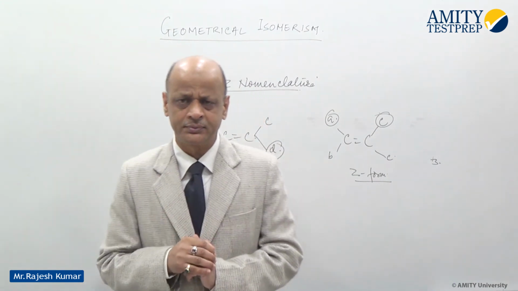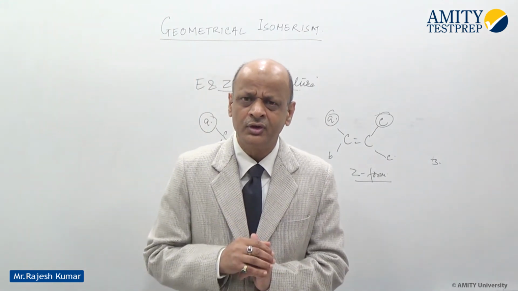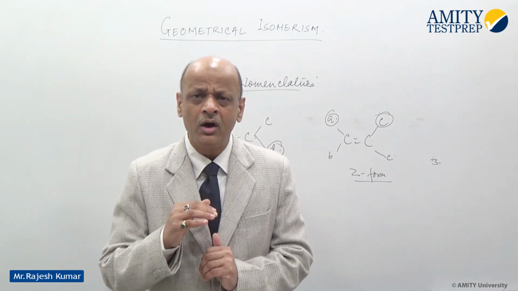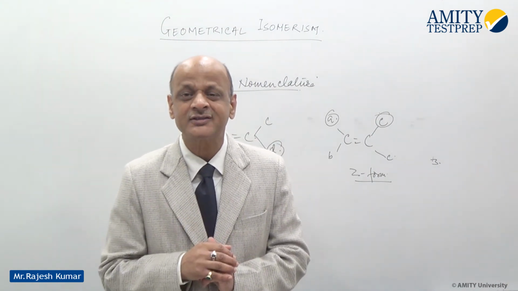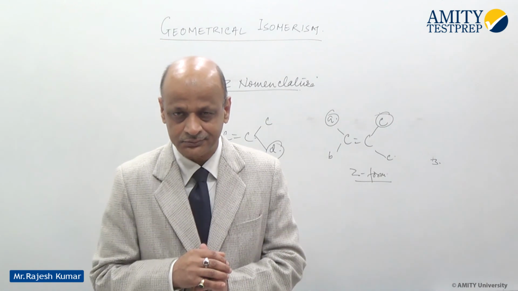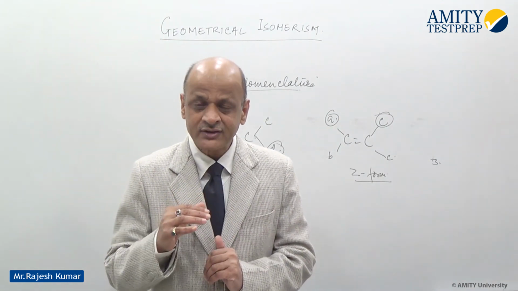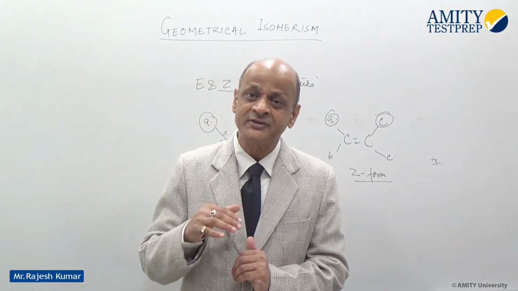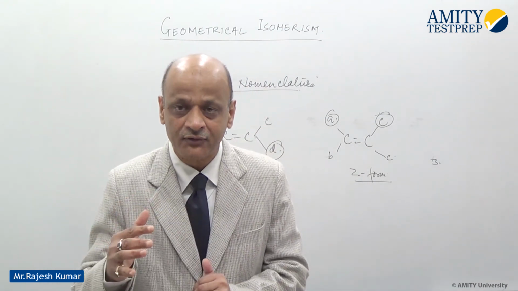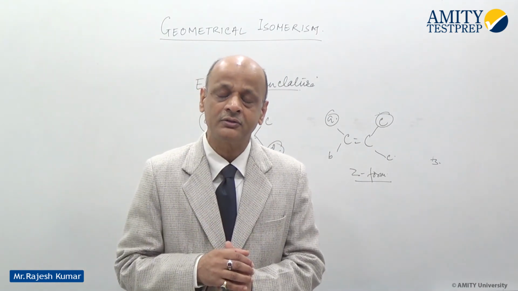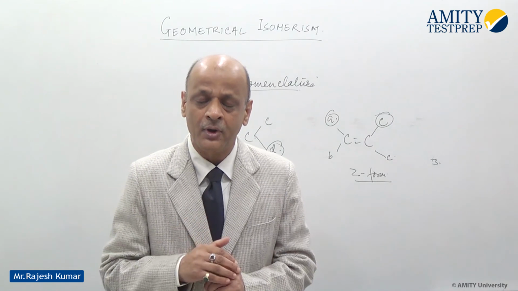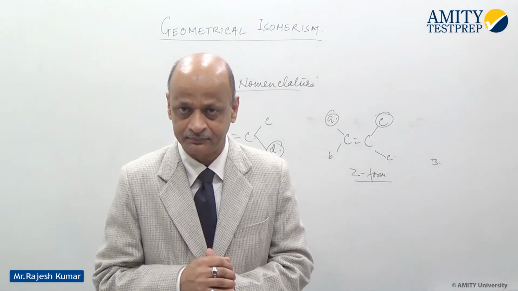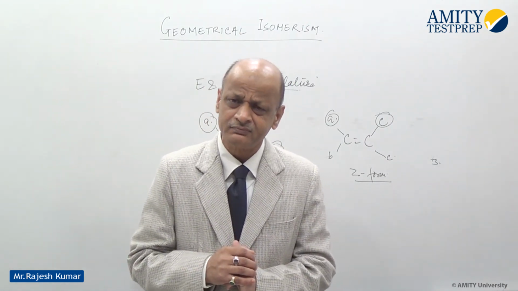In case of a group, the first atom of the group will decide the priority of the group. If the atomic number of the first atom is higher, that group is given the higher preference among the groups.